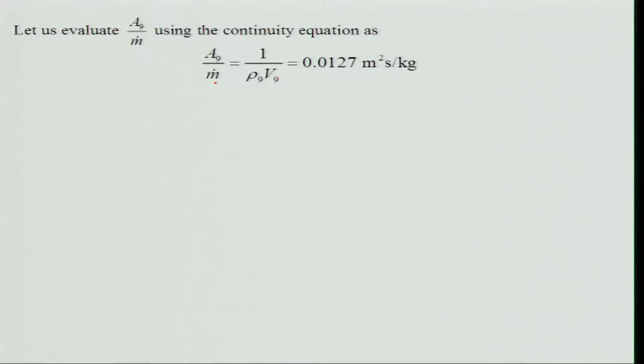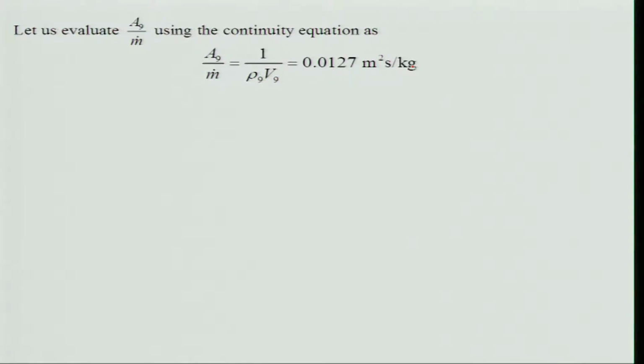Now we need to evaluate A9 by m naught. A9 by m naught is nothing but 1 over rho 9 V9. V9 you know, rho 9 you know, because you know the pressure and the temperature, so you can use the ideal gas law. You can get that value, which happens to be 0.0127 meter square second per kg.